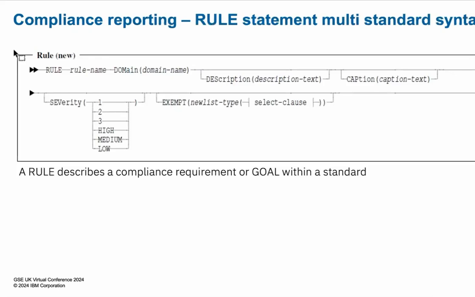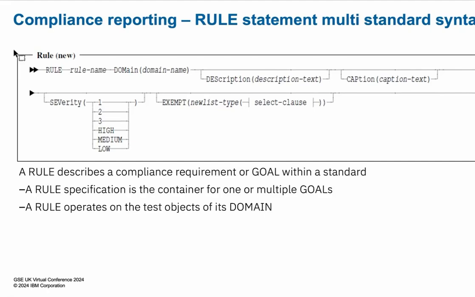And then in the control, we also have a rule. This rule describes the compliance requirement within the standard. Okay, and within a rule, you also have a goal. So goal used to be called test before. Now we have changed it into goal. But this is the smallest part of check that is part of a rule.